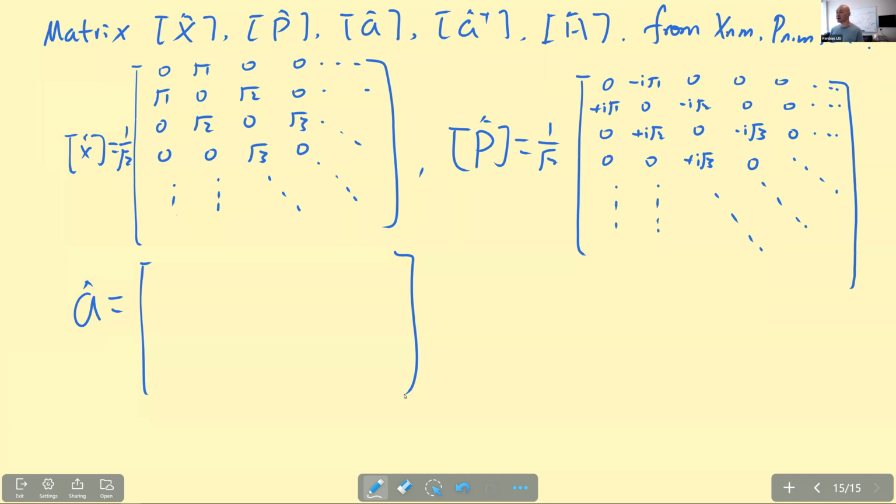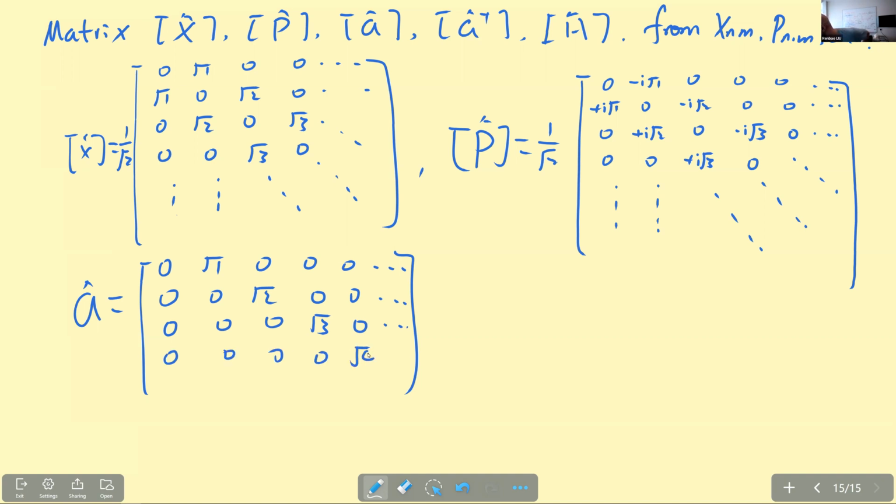So that will be actually square root of 1, 0, 0, 0, and 0, 0, square root of 2, 0, 0. So it's not symmetrical anymore. So this is the matrix of this operator.